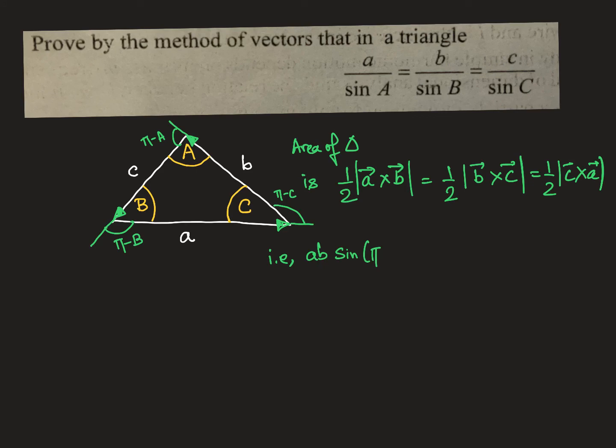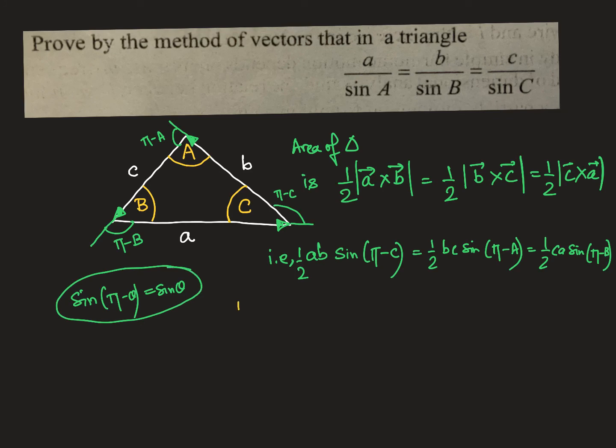So half AB sine of pi minus C is equal to half BC sine of pi minus A is equal to half CA sine of pi minus B. Now you know, for any angle sine of pi minus theta is equal to sine of theta.